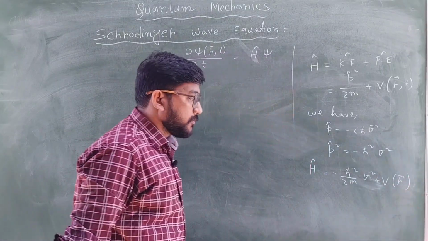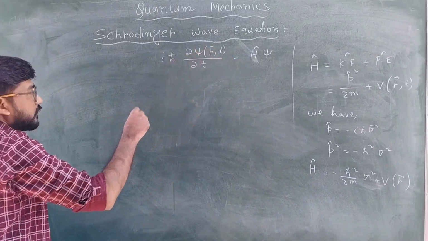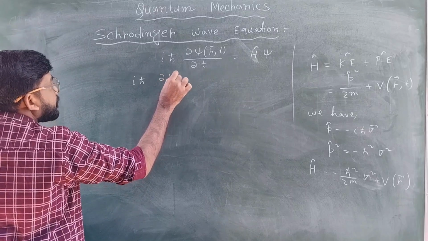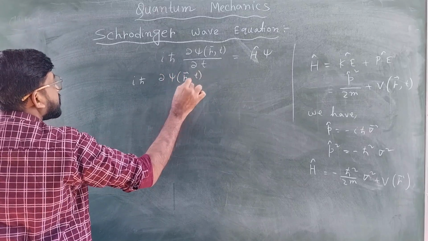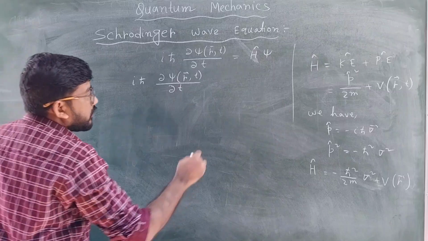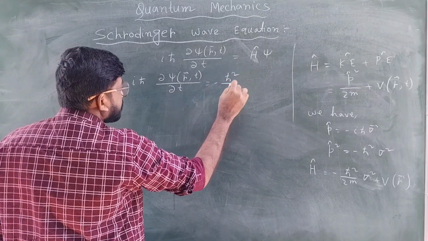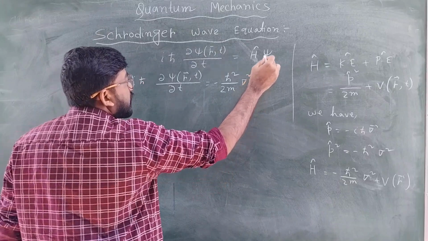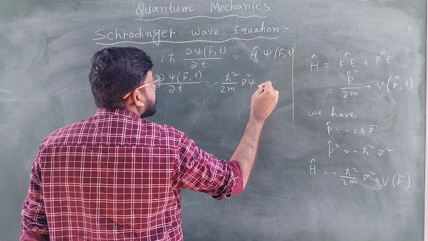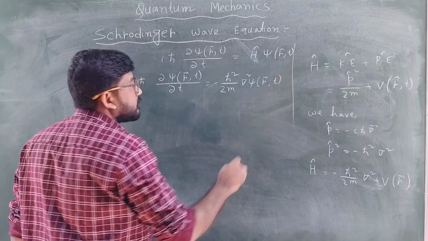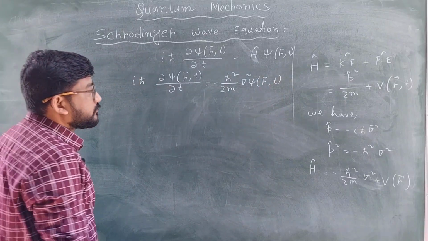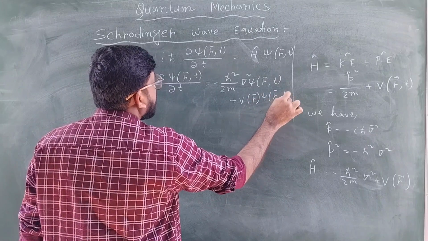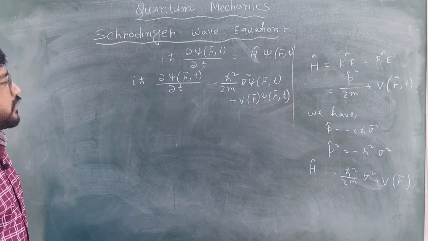So now let us put this H cap here, so you will get this equation in a different form. In that case it will be iħ ∂ψ(r,t)/∂t equal to minus ħ square upon 2m into del square ψ, this ψ is also obviously a function of position and time, plus V of r into ψ(r,t).